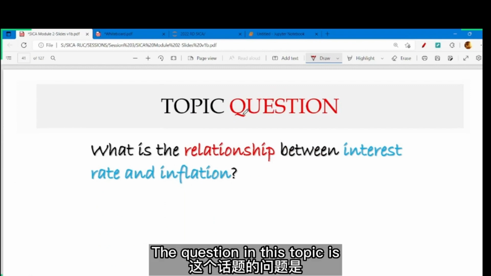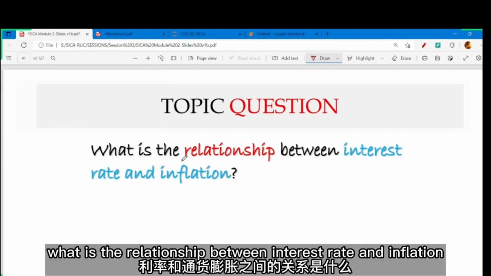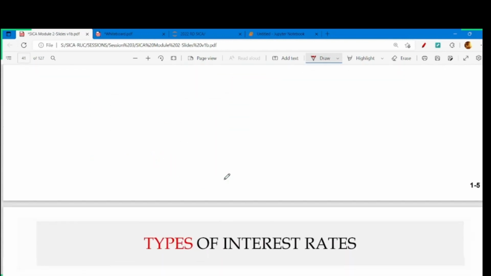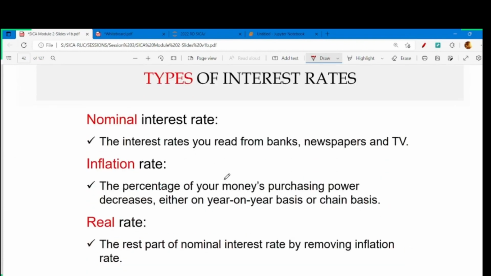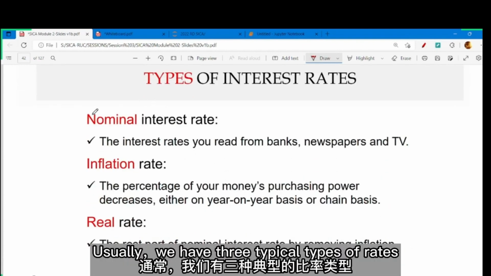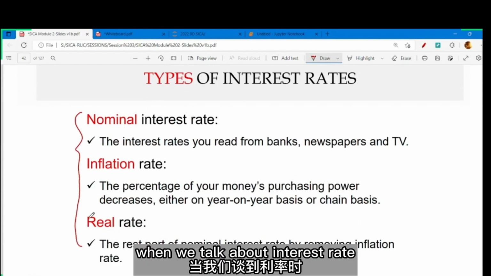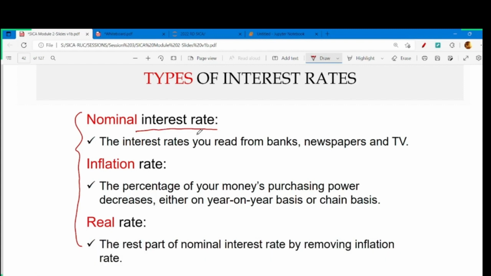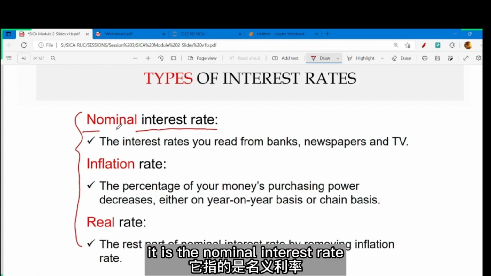The question in this topic is, what is the relationship between interest rate and inflation? You can make a guess first. Usually we have 3 typical types of rates when we talk about interest rate. Usually, whenever we talk about interest rate, it is the nominal interest rate.